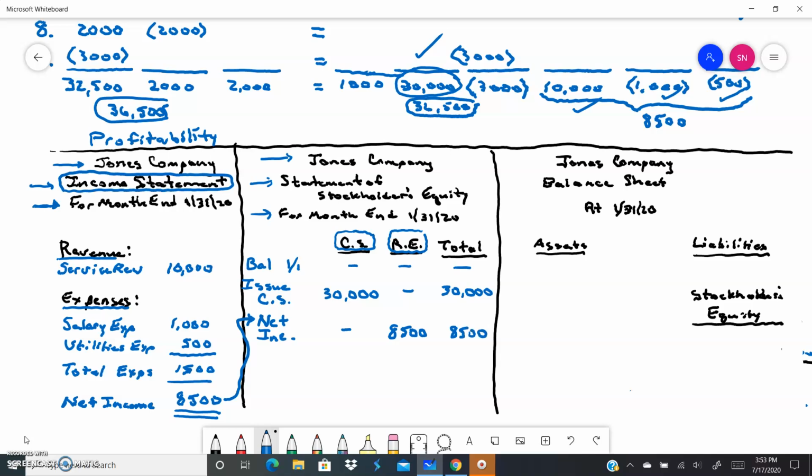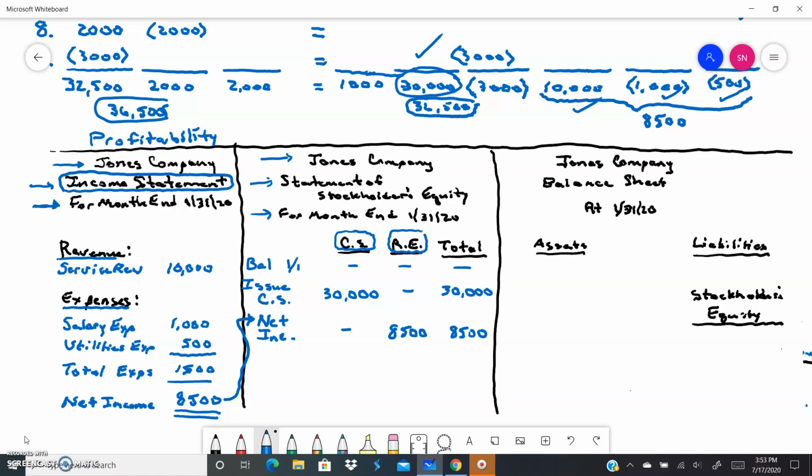And that's a positive number that is going to increase shareholders' equity because revenues are larger than expenses, and so net income would end up increasing shareholders' equity. In this case they increase retained earnings because that's the category of stockholders' equity we're talking about.